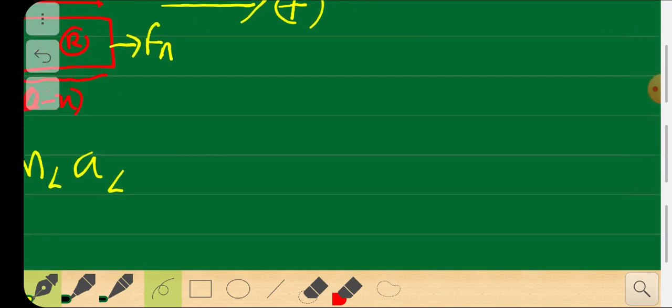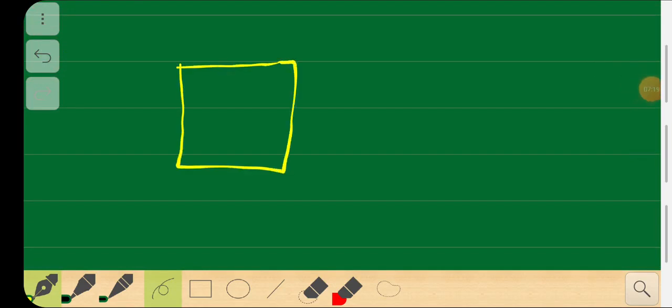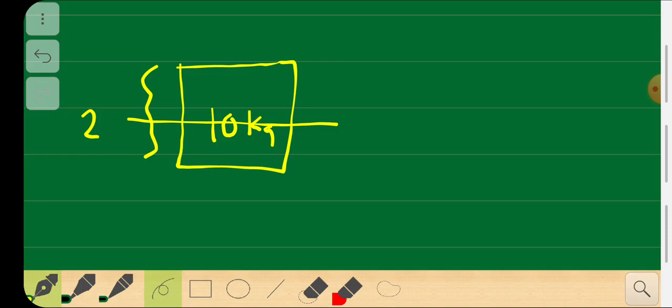For that I'm going to take a different space here. Say you have 10 kilograms, and the height is 2 centimeters. If you split it up, what will be the mass of one side?